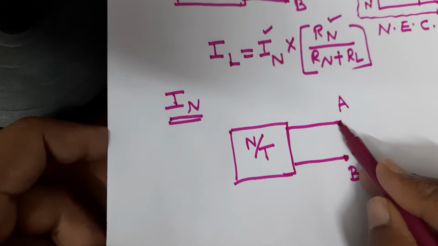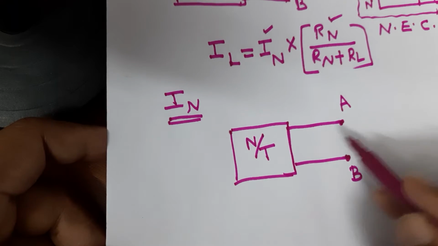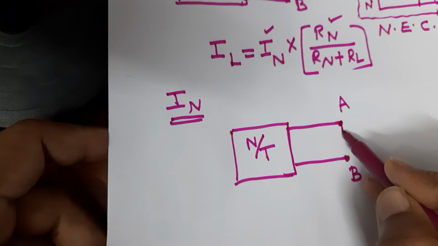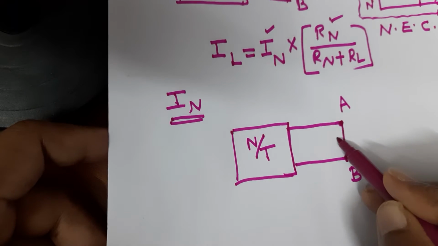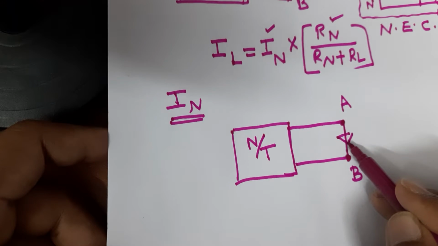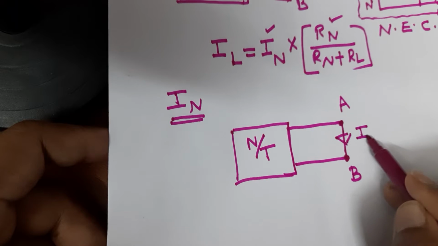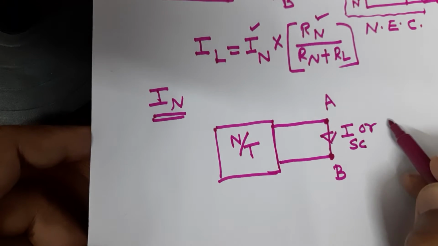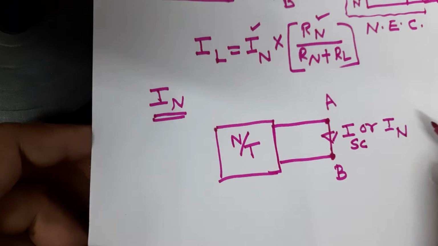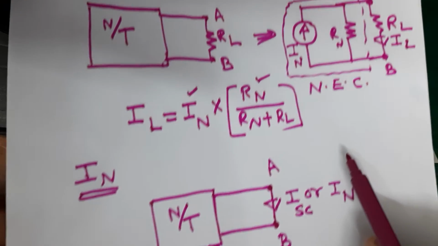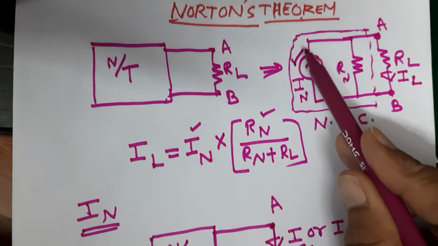But instead of keeping these two terminals as they are, to find the Norton current we must short them. Once we short it, there is a short circuit current, and this short circuit current is nothing but our Norton current, IN, that we will keep in the Norton's equivalent circuit.